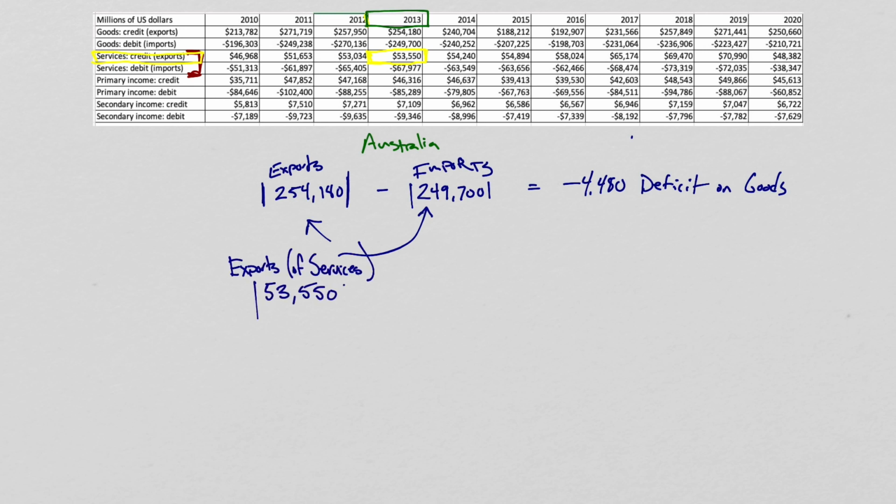And then we compare the absolute value of that to the amount of imports that they make of services, of non-tangible products from other countries. And that number is squared in red, and they import 67 million in services.